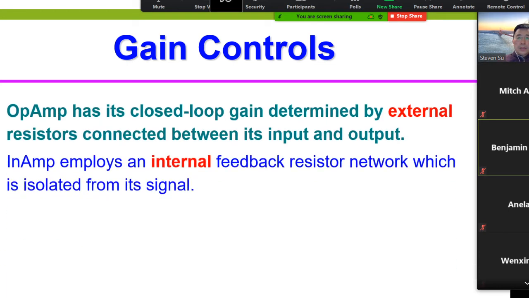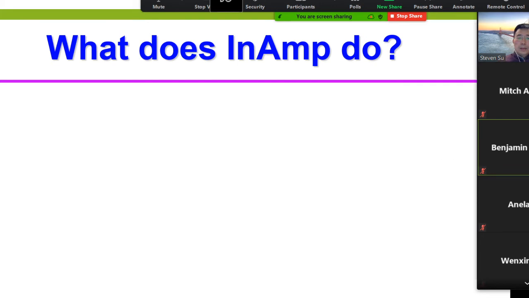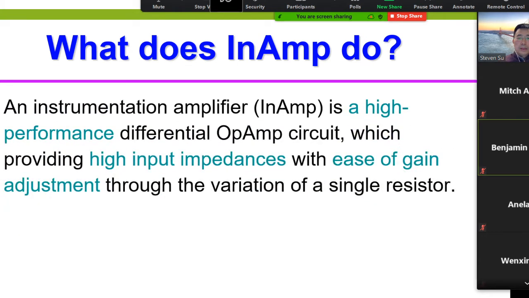There are other applications for gain control, but what the instrumentation amplifier does is actually provide high input impedance and very easy gain adjustment. So you can just tune a resistor value, and then you can change the gain.